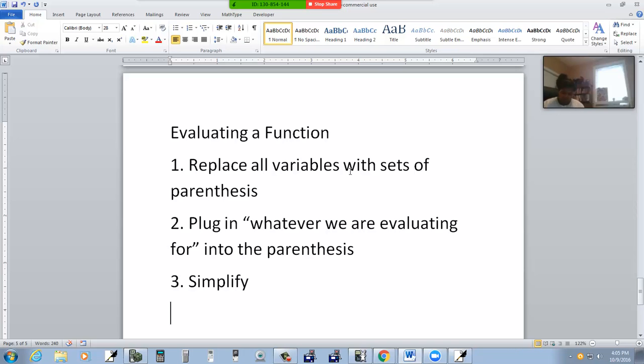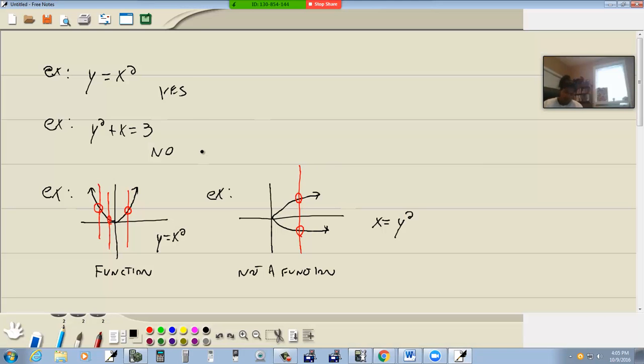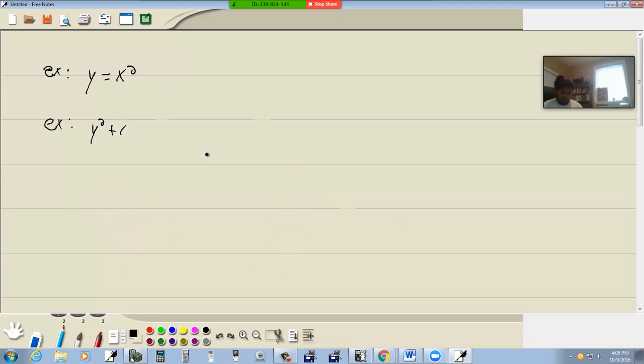Okay, so let's take a look at an example. Let's say we have f of x is equal to 9x plus 3, and we want to find f of 5.